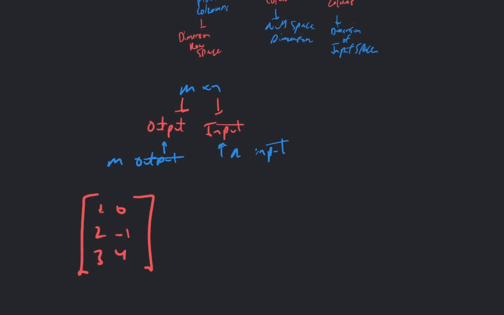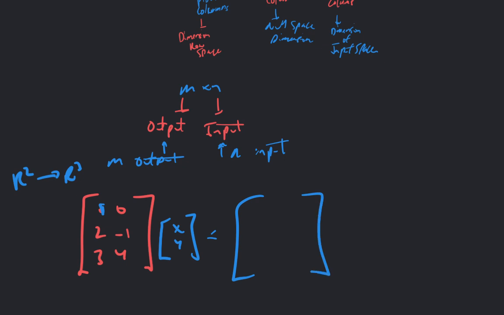This matrix will map from R2 to R3. If you were to multiply by some vector, something like that, and you multiply the matrix by that, you get another vector, a 3-dimensional vector.